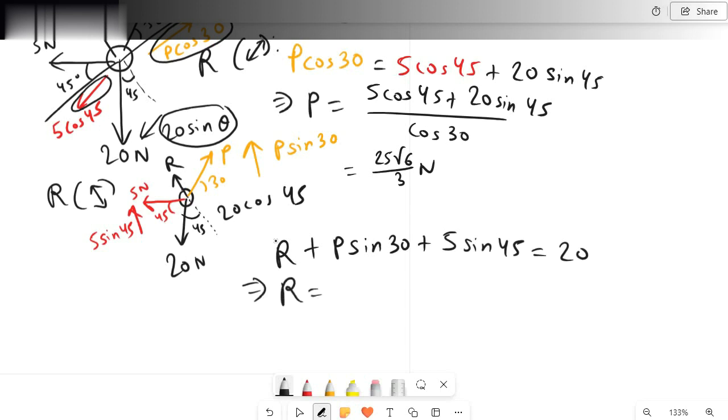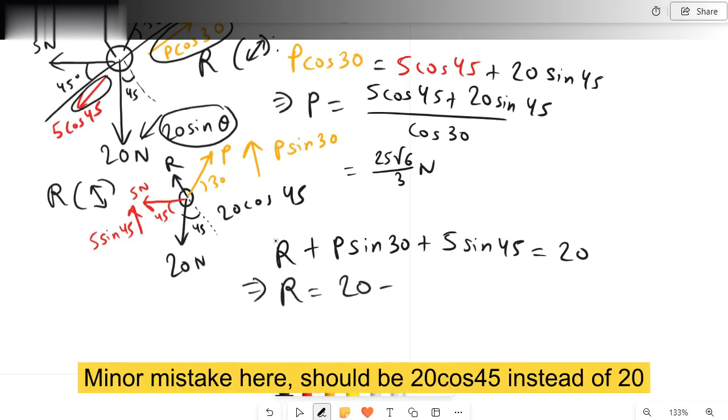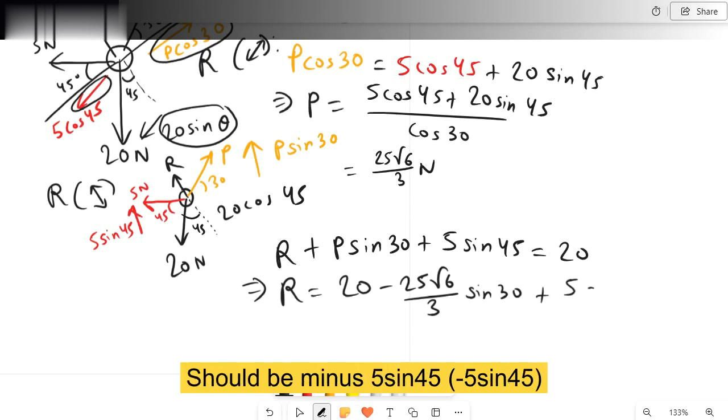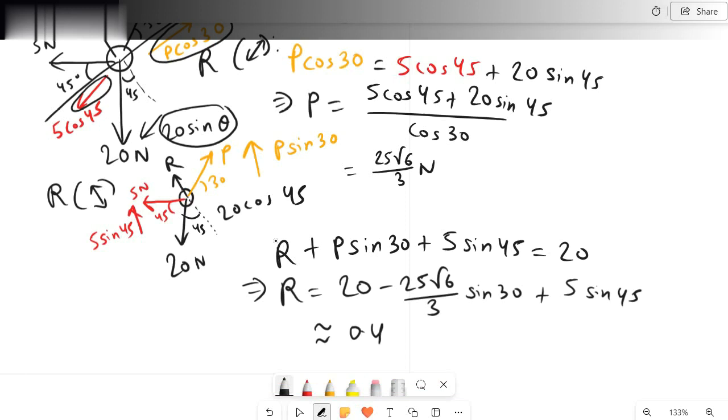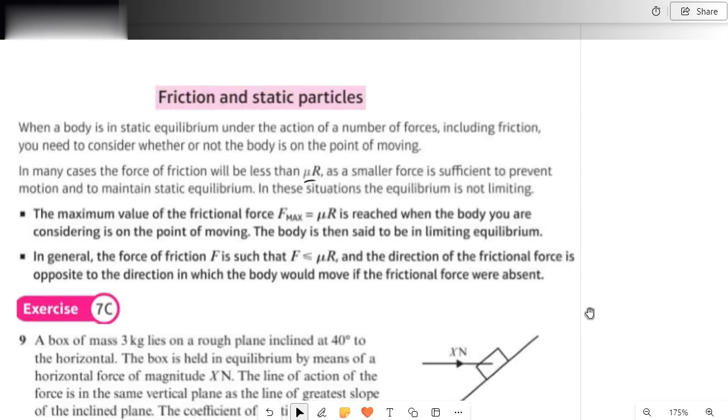So therefore R is going to be 20 minus P sine 30, which is 25 root 6 divided by 3 sine 30, which is half, plus 5 into sine 45, which is 5 into root 2 by 2. And the answer is roughly 0.40 Newton.